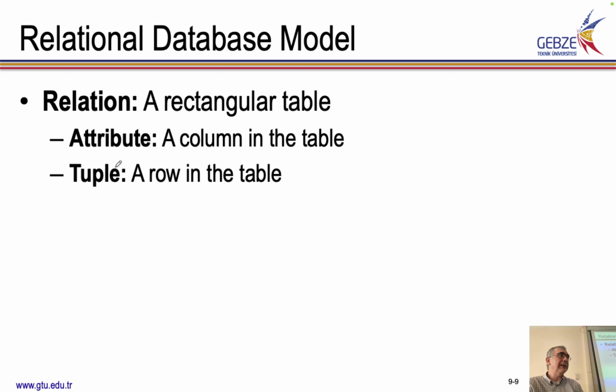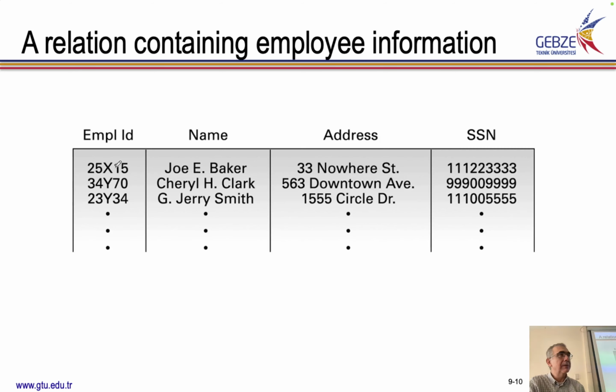is basically a table. Each column is the attribute. Each row is called as tuple. A table of employees. This is an employee database.